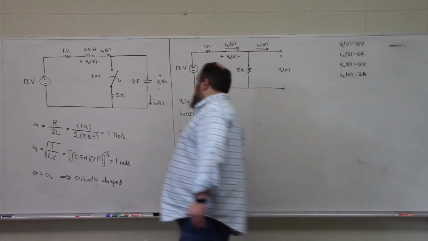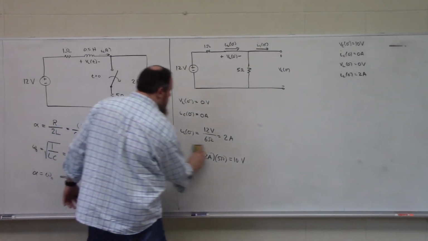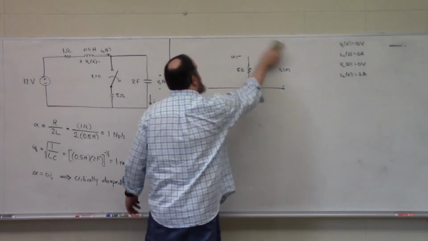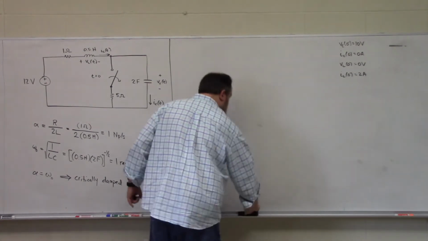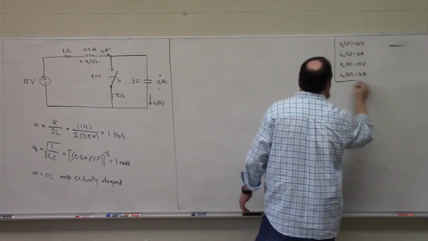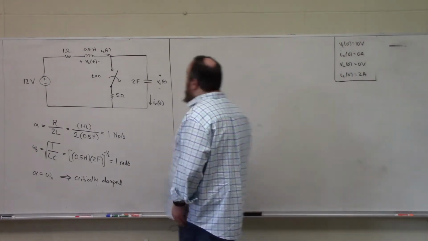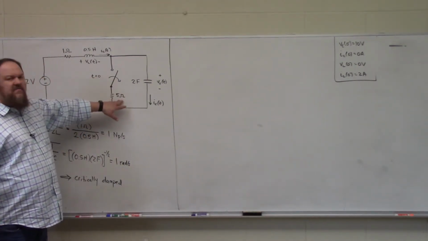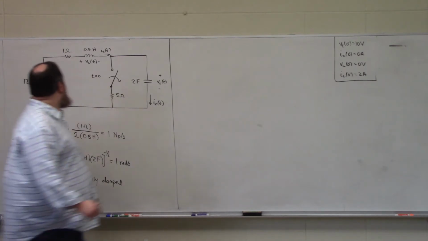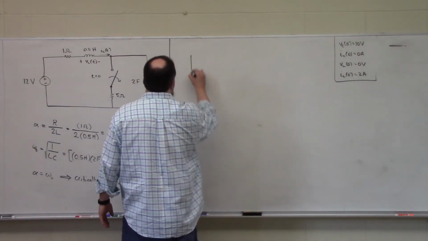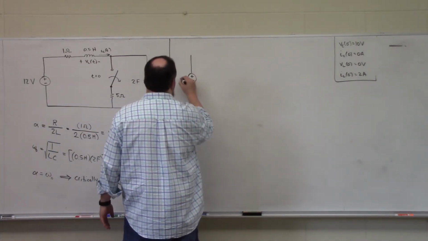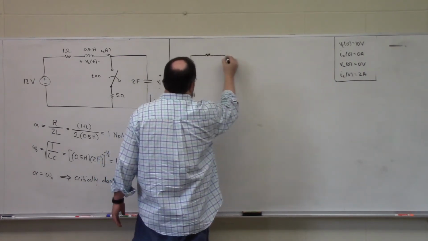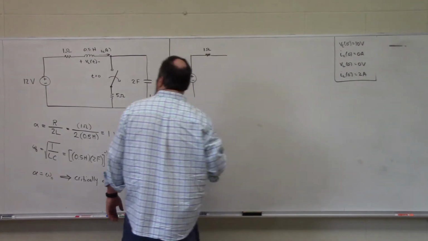Now we will analyze the circuit at t is equal to 0 plus. So at t is equal to 0 plus, our switch is opened, our 5 ohm resistor is taken out. So we simply have our 12 volt source in series with our 1 ohm resistor.